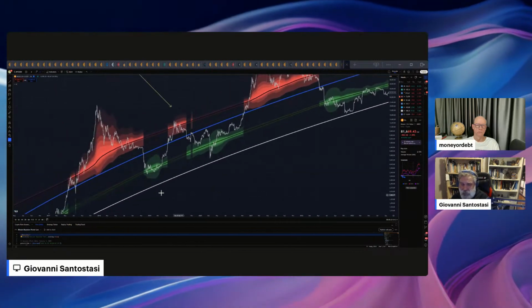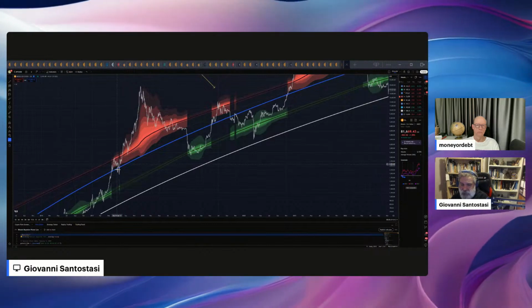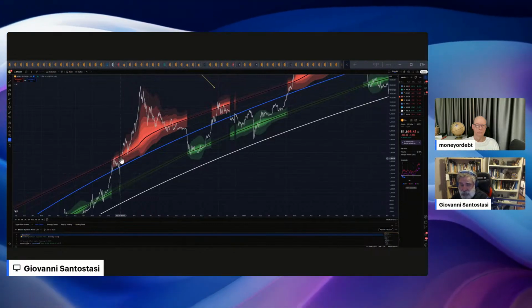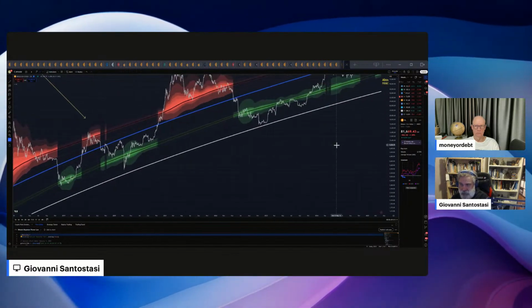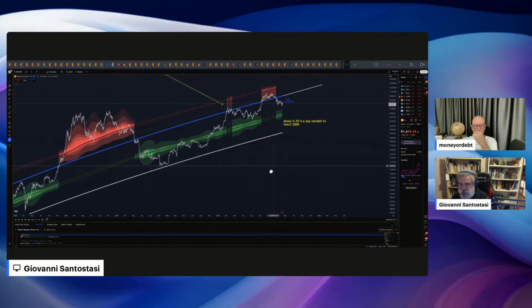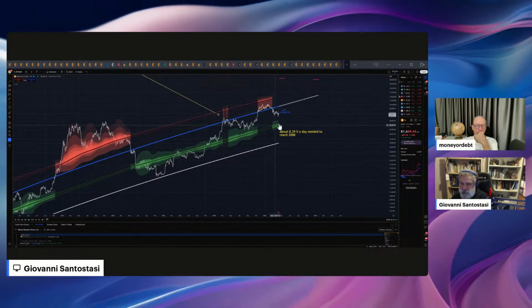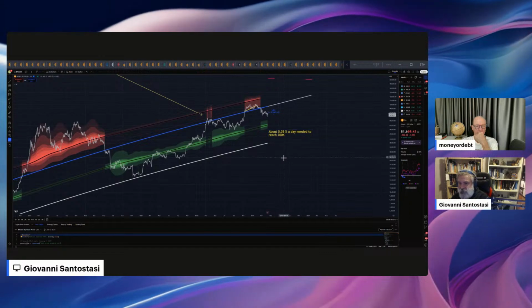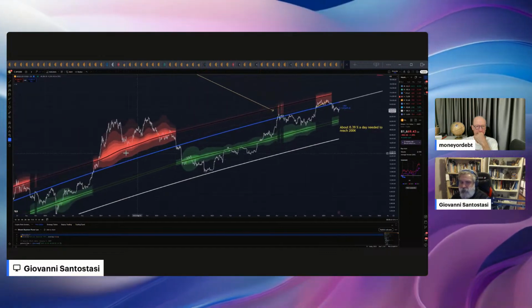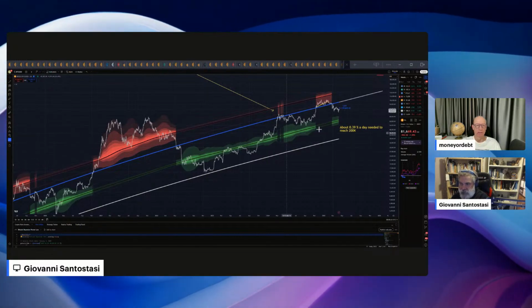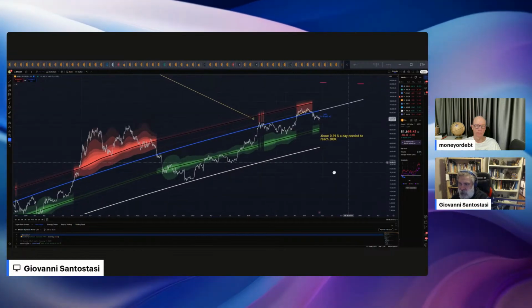Only one time did we go from the red area and correct to go into the green area. Then we bounced very quickly up. We never had this, right? And of course, it doesn't have to be always the same pattern. This is what is useful when you compare what happened in the past, because Bitcoin has all this regularity, and you say, okay, this is similar, this is different, right?